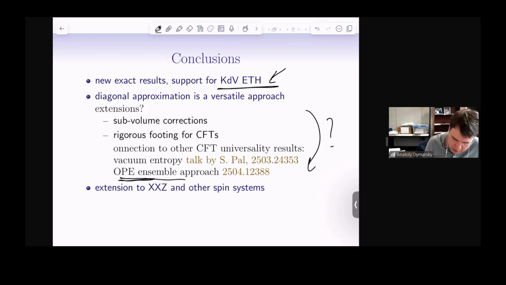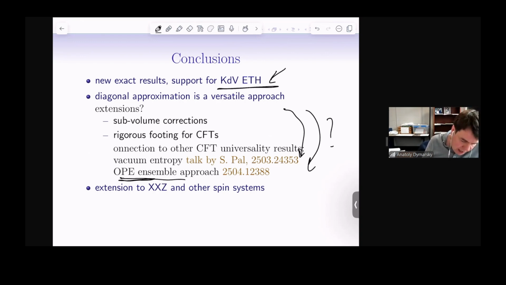And there are also other recent works, and I know that Sridip will be talking about that at this seminar very soon, about universality of vacuum entropy. And again, vacuum is difficult from our approach point of view because vacuum is a very non-chaotic state, and ETH usually breaks down for the vacuum. But there is some universality which people find in the CFT, so it will be interesting to see if the diagonal approximation can be used to understand that universality.